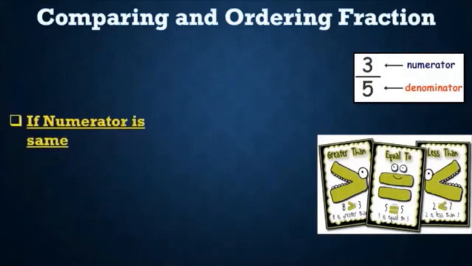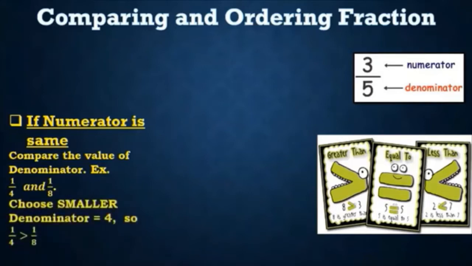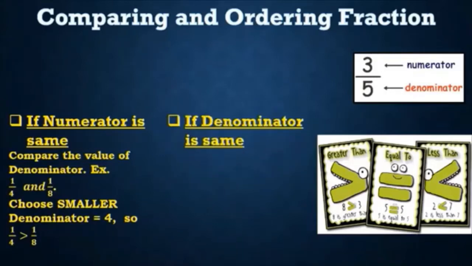If the numerator is the same, we have to compare the value of the denominator. For example, 1 by 4 and 1 by 8. We have to choose the smaller denominator, which is 4. So that means 1 by 4 is greater than 1 by 8. Now let us check how to compare and order fractions if the denominator is the same.